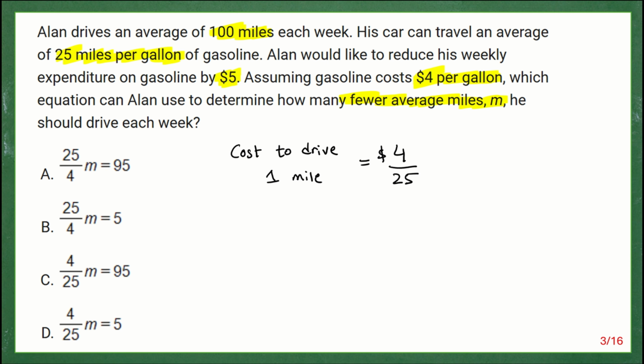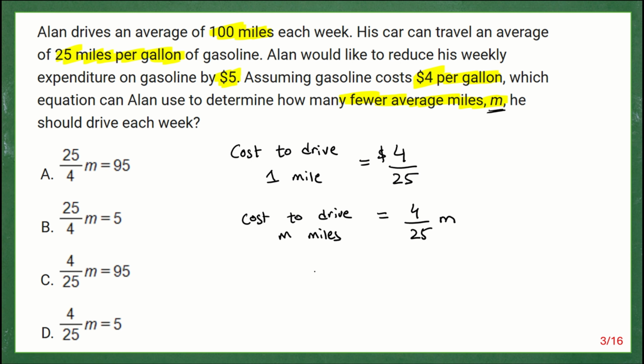Now, since he is looking to figure out the fewer number of miles, the m variable here, the cost to drive m miles will be 4 over 25 times m. Okay, and he wants to figure out the value of m so that his cost is lowered by $5.